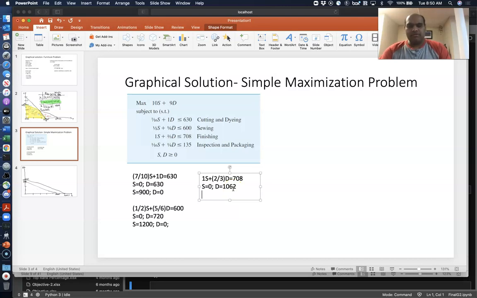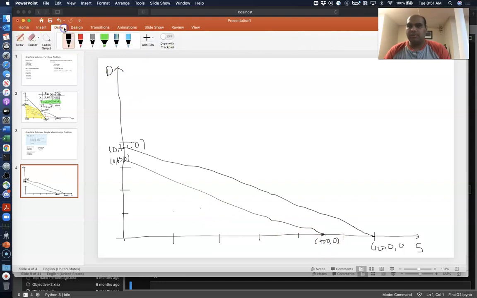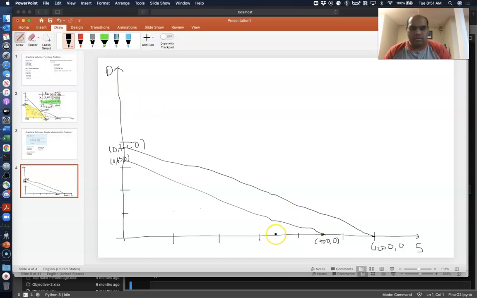The other option is if I plug in D is equal to 0, I get S is equal to 708, right? So it's 708, 0 and 0, 1062. So 708, 0. 600, 800, so 708 will be somewhere over there.